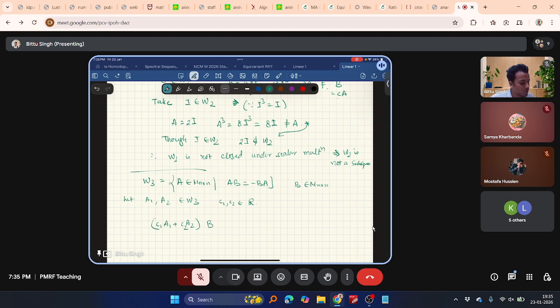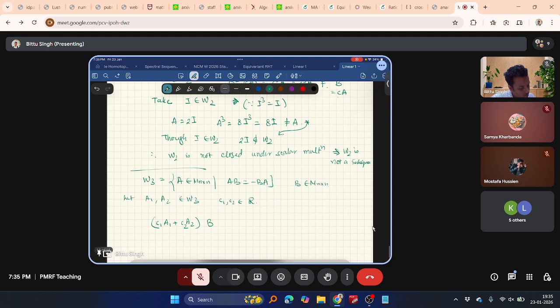So that is the same as checking whether scalar multiplication is commutative up to sign or not. So this is the same as C1 times A1B plus C2 times A2B. Now note that A1 belongs to W3. So A1B is the same as minus BA1. This is true because A1 belongs to W3.